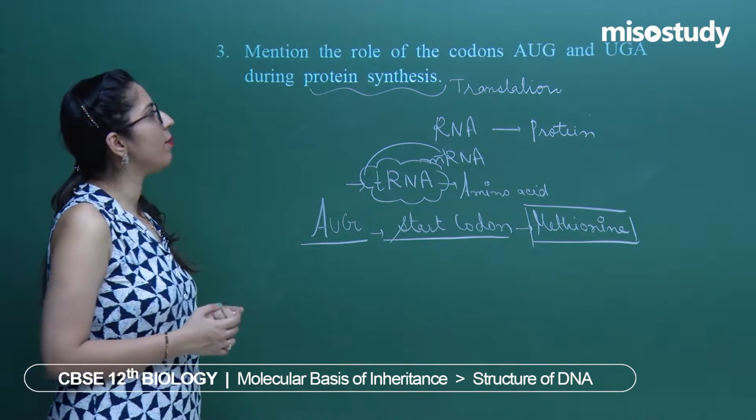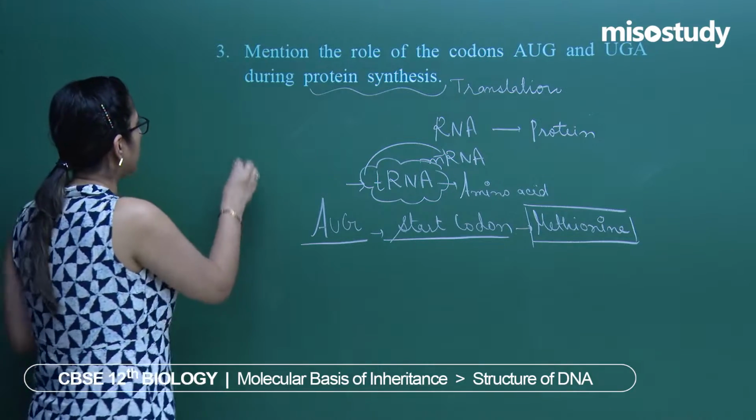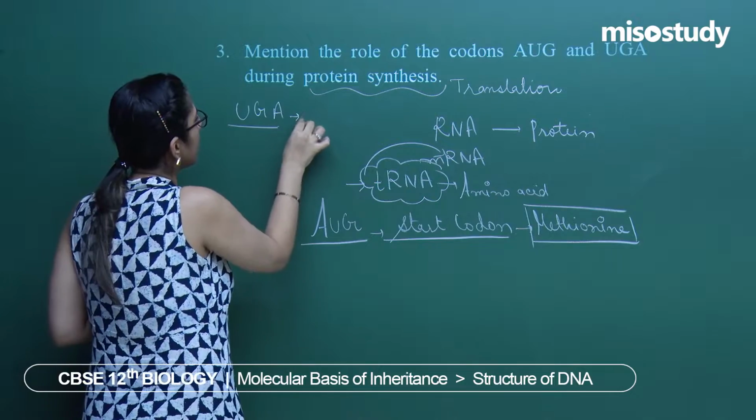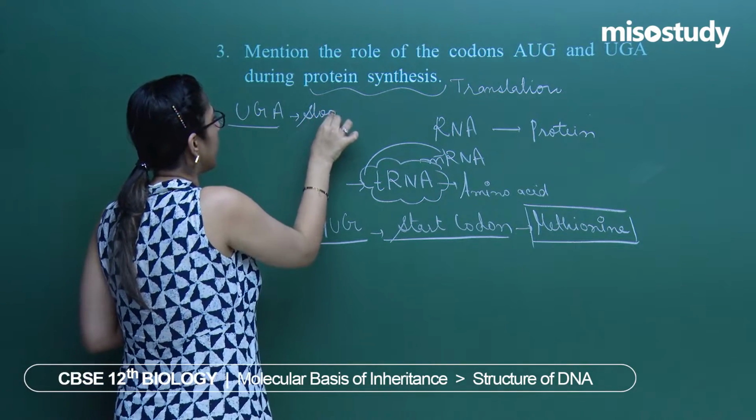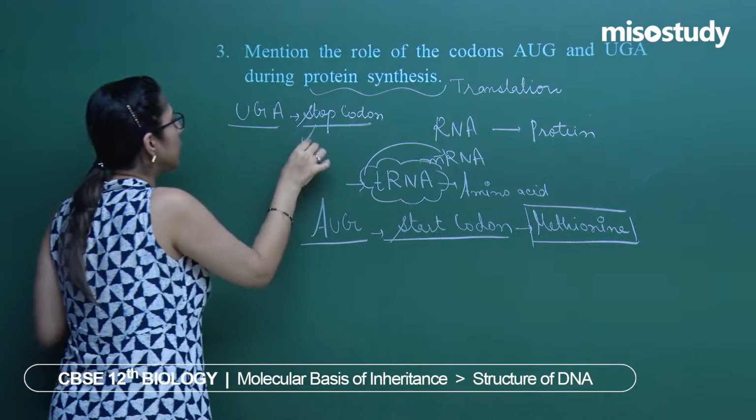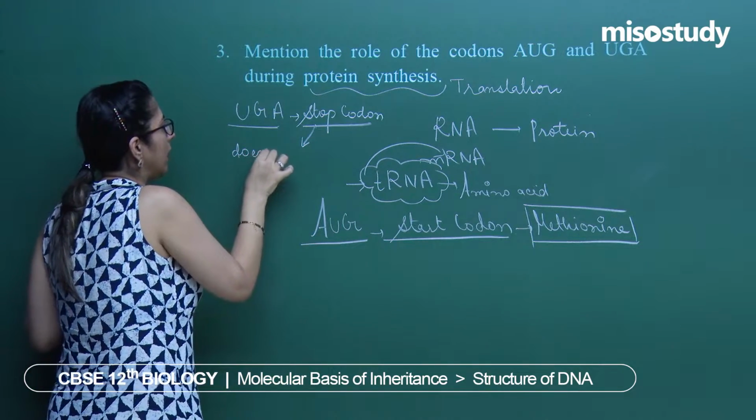Another codon they have mentioned is UGA. UGA is a stop codon. It is a stop codon, and this stop codon doesn't code for any amino acid.